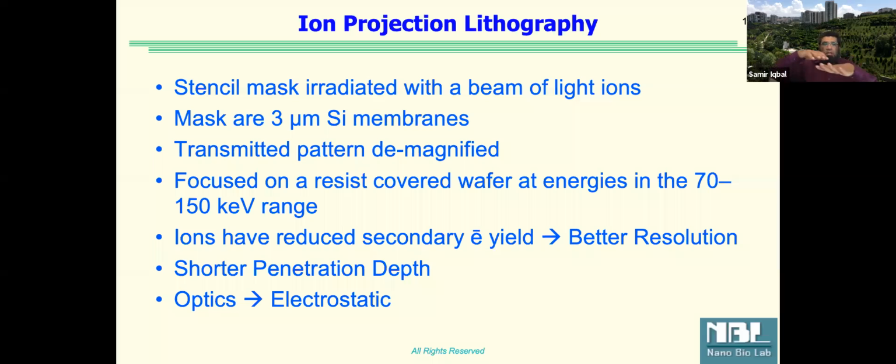So it's the same concept. Stencil project a big beam of ions, and here it says the masks are silicon membranes. So they're using hard material as a mask, and then they transmit the beam through, and that results into what you call the exposure on the surface and changes the resist properties.